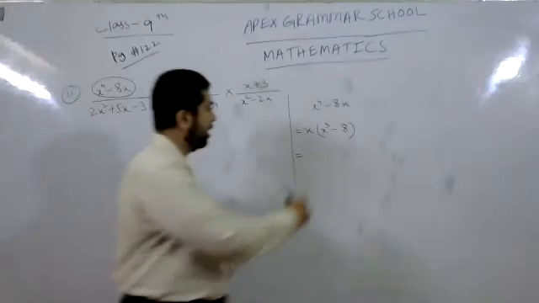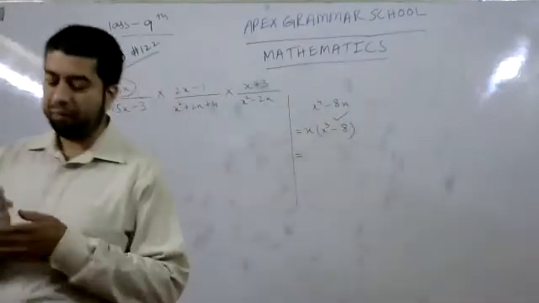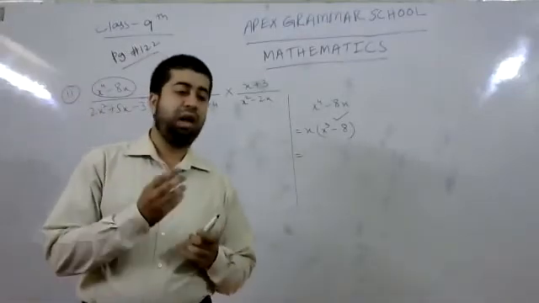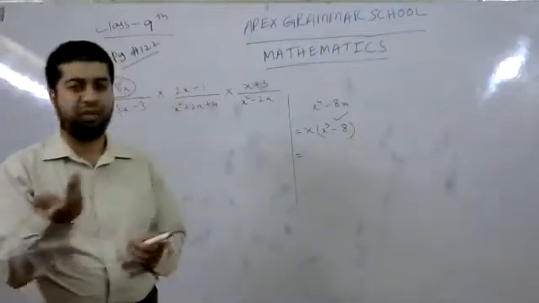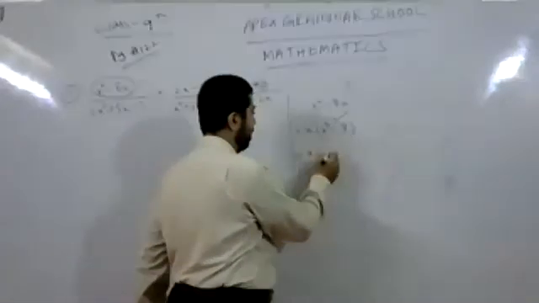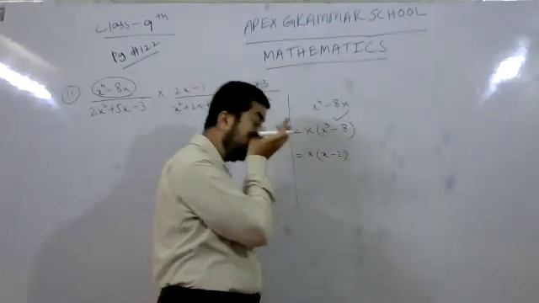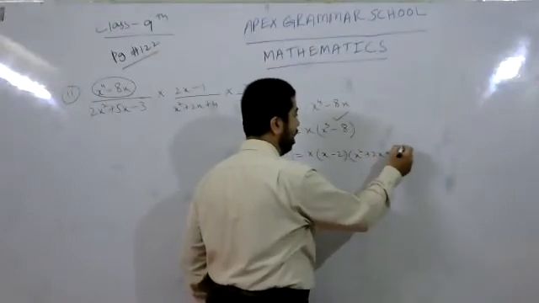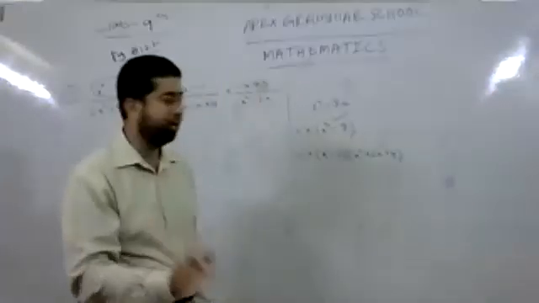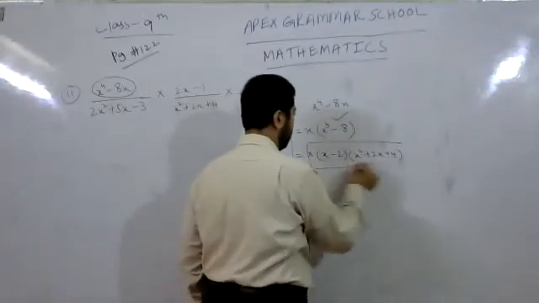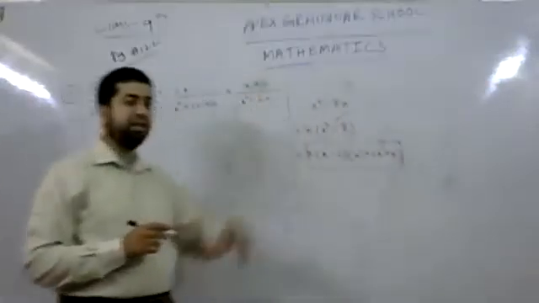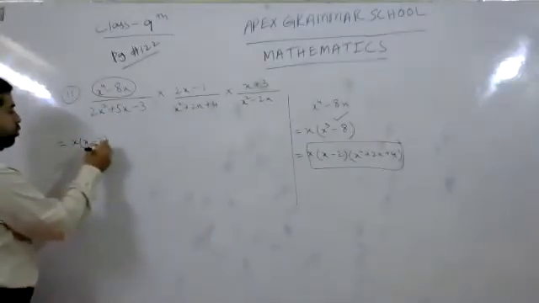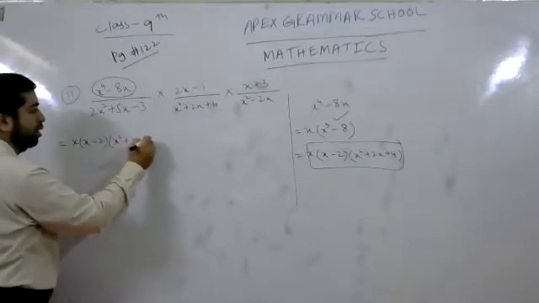I think you are familiar with the x cube minus 8. We have already done its factorization in our previous question. Instead of x cube minus 8, we can write its factorization formula, x into x minus 2 and then x square plus 2x plus 4, how this appears we have already done. So instead of writing x raised power 4 minus 8x, we are going to write x into x minus 2 into x square plus 2x plus 4.